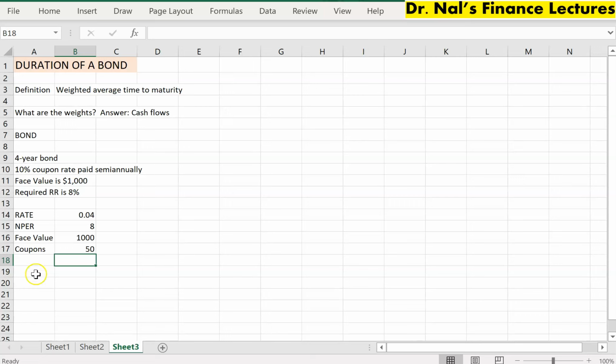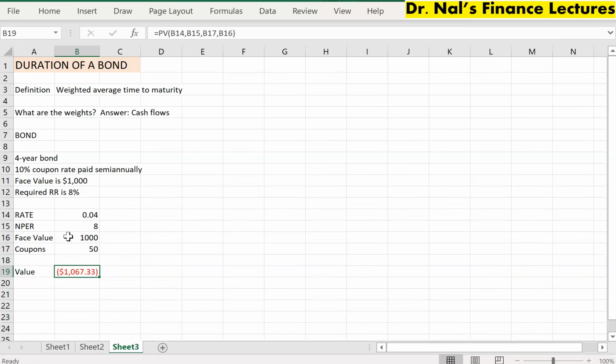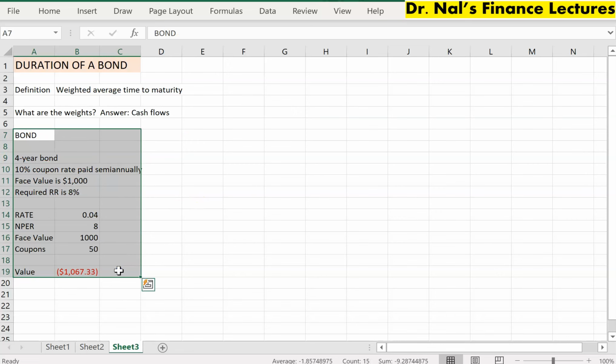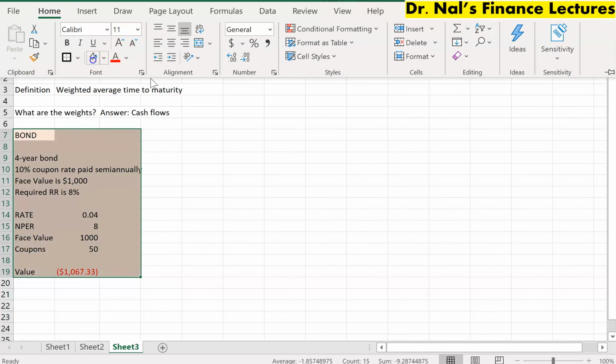All right, so based on these givens, we can easily calculate the value of this bond using that present value function. So the rate, comma, the number of periods, comma, the payments, comma, and finally the face value. That's it. So the bond should have a value of $1,067.33. Perfect. Now I wanted to make sure that we are on the same page here, that we are speaking the same language. Let me highlight it.